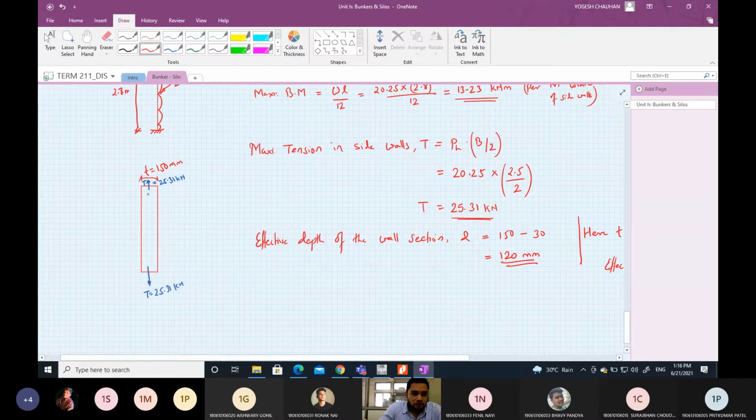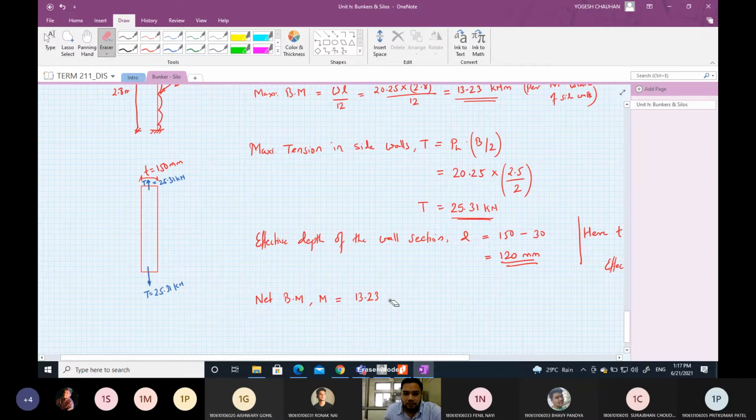so the net bending moment will be equal to, let us say M is equal to, and this moment, that is 13.23, which will be at the CG of the reinforcement, 13.23 into 10 to the power 3. So this will be in kilonewton mm.